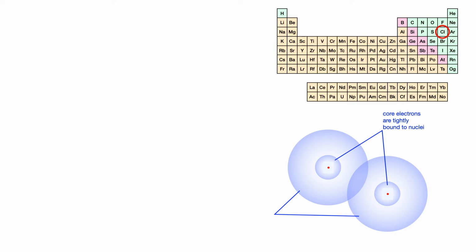It doesn't know what atom it came from. All it knows is that there are a bunch of protons that it sees that are attracting it, and there are a bunch of electrons it sees that are repelling it. And so from the point of view of the valence electrons, what they see is basically a large atom with a multi-part nucleus. So it's attracted to the positive bits, it's repelled by the negative bits.